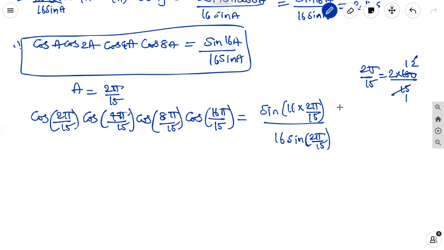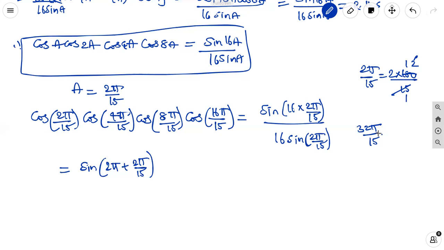So we can write 16 into 2 pi by 15 as 2 pi plus 2 pi by 15. So this is equal to sine of 2 pi plus 2 pi by 15. 15 twos are 30, 30 plus 2, 32 pi by 15.